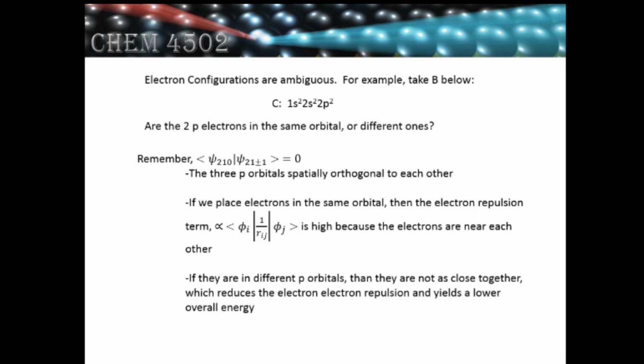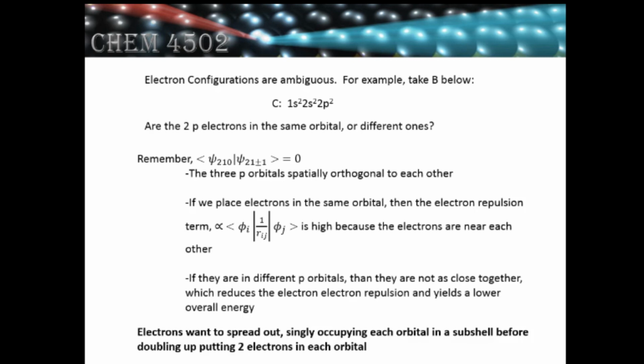If we put them into different p orbitals, then they're not as close together, and that minimizes the electron-electron repulsion and gives an overall lower energy. Okay? And so electrons want to spread out, so occupying each orbital singly in a subshell will be lower energy than putting 2 electrons into an individual orbital.